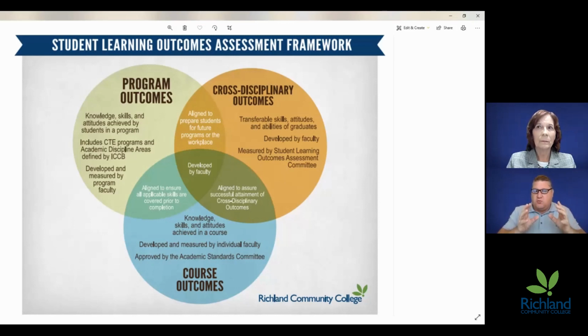And so if I summarize this, the college has determined via what the state requires, these are overall outcomes. Some are cross-disciplinary, some are specific to a course, some are specific to a program. Those have been laid out for us.